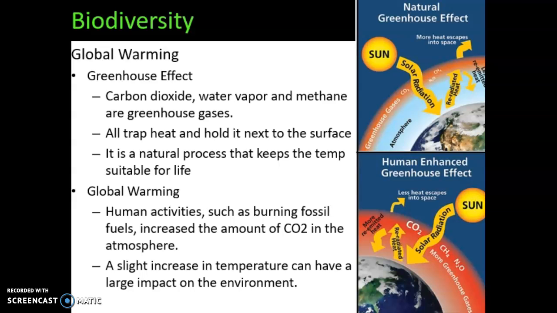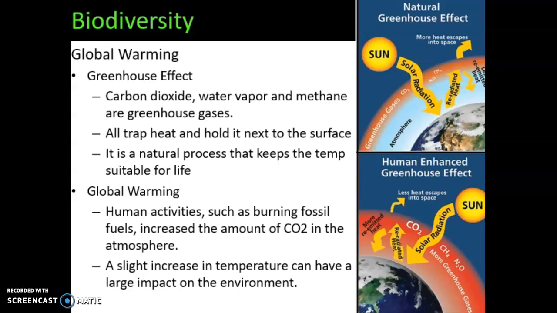However, we have global warming and climate change when human activity increases the amount of greenhouse gases in our atmosphere. Burning fossil fuels, oil and coal, all add carbon dioxide, CO2, to our atmosphere. The cattle industry adds more methane.